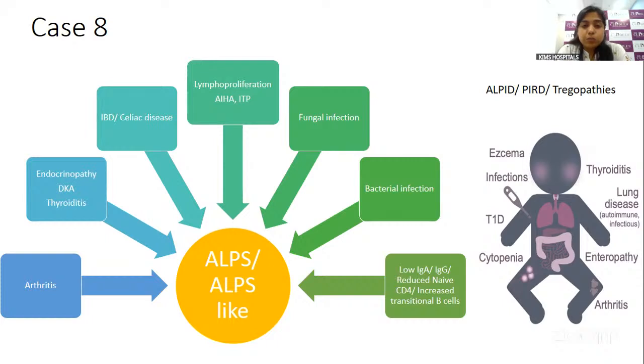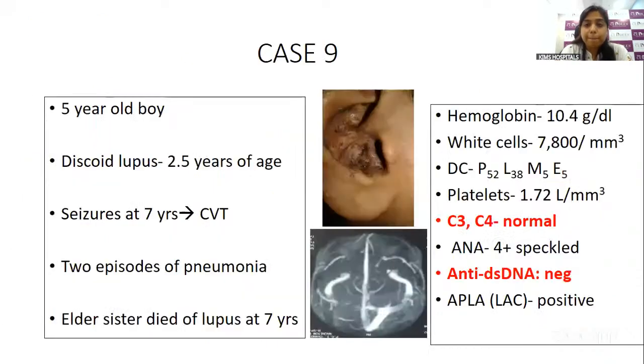I just put a slide to show that if a patient has recurrent infection along with autoimmunity, then we have to think of something else. That something else is any inborn error of immunity similar to ALPS or ALPS-like disorder or a T regopathy, as we call it.